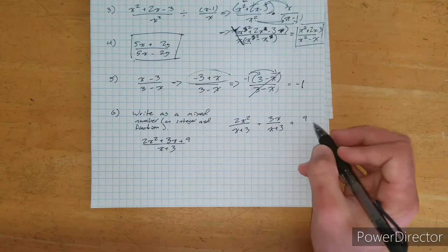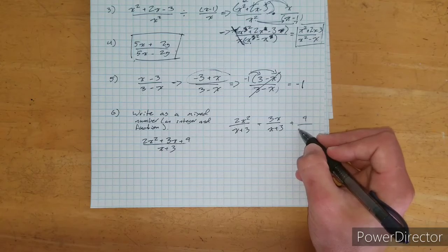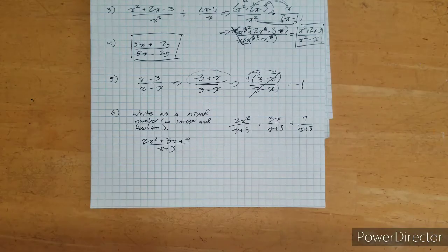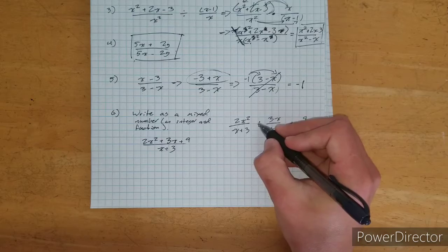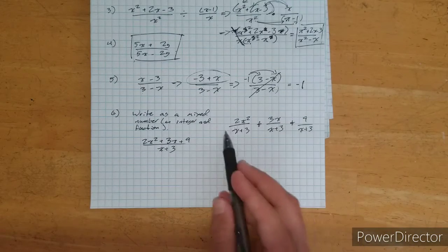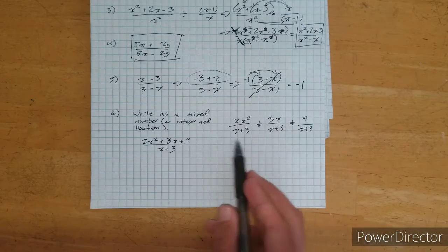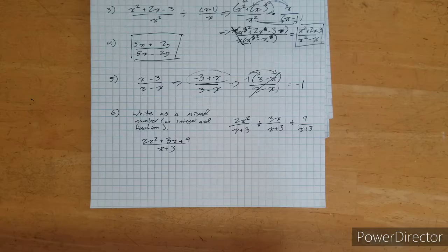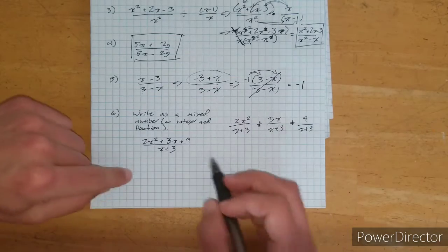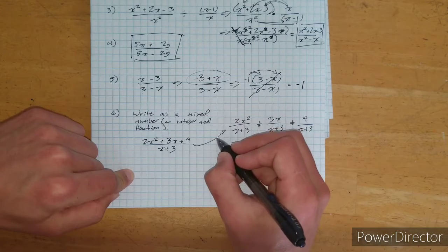And the way we can break apart fractions that have polynomials in them is I can just write these as addition of fractions, right? I can add everything in this top together because I have common denominators with all of these. So I can break this fraction down into something like this, right?